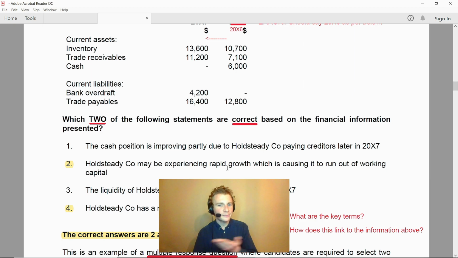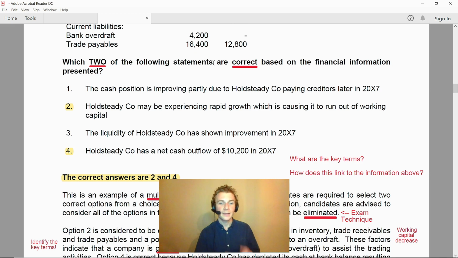It's saying here experiencing rapid growth. So that is true because our cash is depleting, so we needed to use our cash to function, and our trade receivables are increasing. So it's indicating that we've got more and more customers, and we're trying to finance that by a bank overdraft, I would say. So just try and think about it logically as you go through.